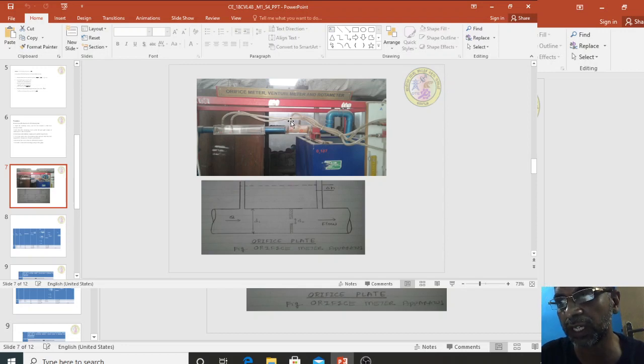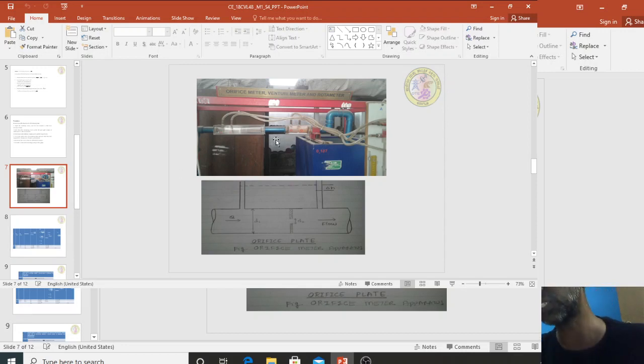Whatever manometer reading is here, H1 you record, and here H2 is recorded. As it is very small, reading H1, H2 is sometimes difficult. Therefore these pipes are connected to one more manometer board, from which you can directly record the level of the U-tube manometer, one side H1, another side H2.